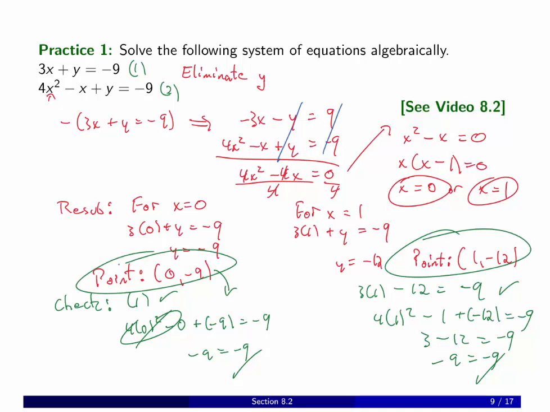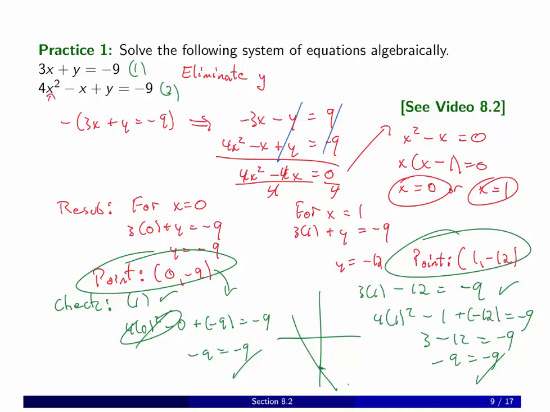Now you can check this graphically as well. Plug them both in and look at the intersection. You're going to see a graph, and you're going to see one line that will pass through negative 9, and the slope will be negative, so it'll be something like this.